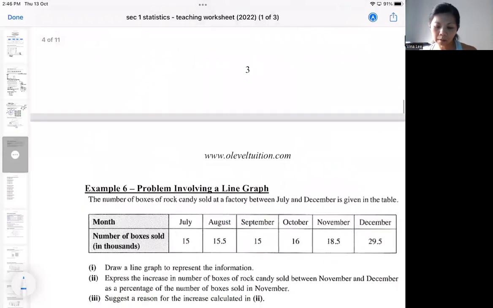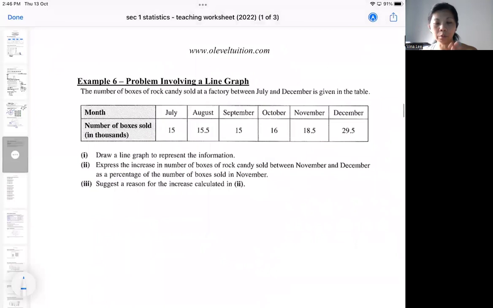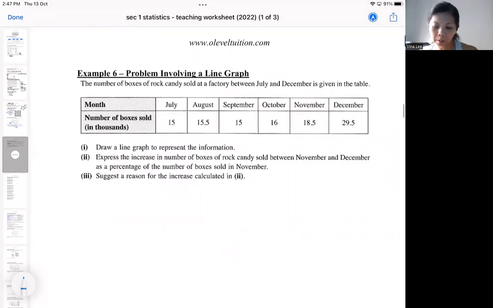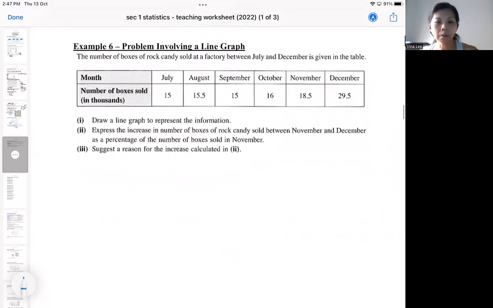Okay, and then the next question will involve you to draw out. Drawing out will be easier if you are doing it on graph paper. So we can try to draw it out. This one is the number of rock candy sold in a factory in the months from July to December.